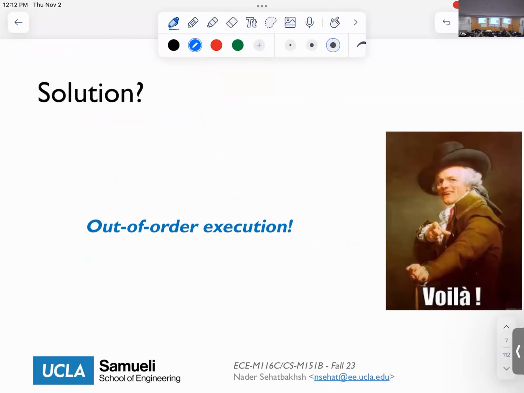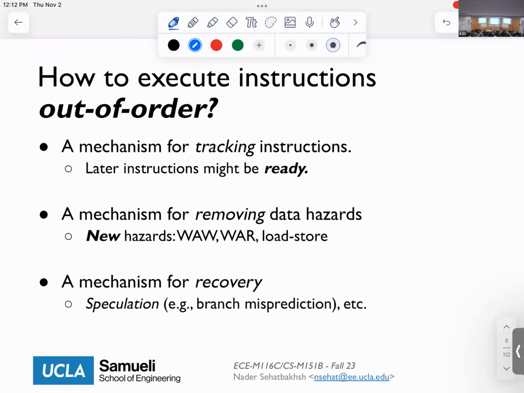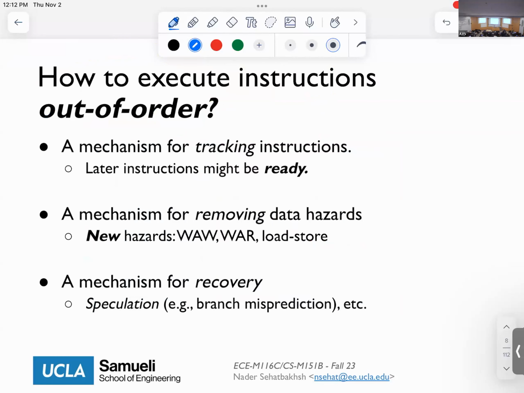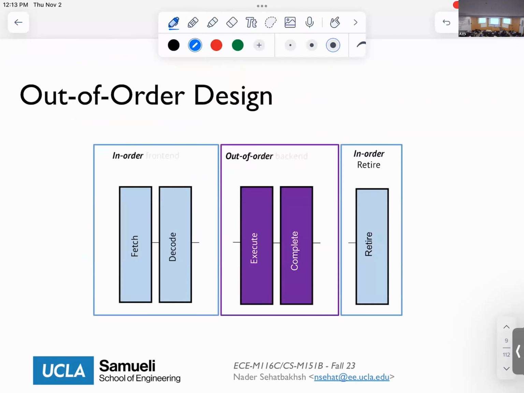We go with what we call out of order execution. Basically, the idea of out of order execution is, can I run things out of order? There will be multiple problems that I'm going to go over in this lecture, but basically the idea is I'm still going to fetch and decode in order.